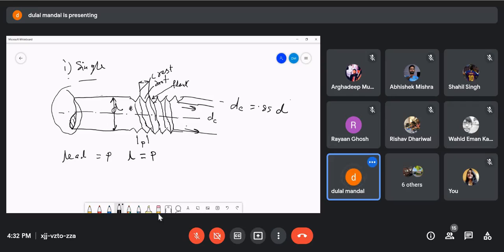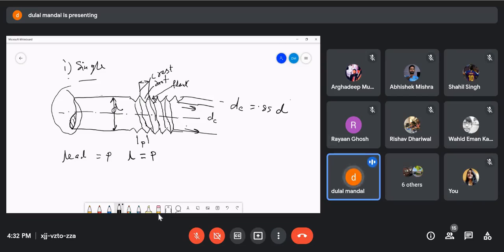It is like this. So if you want to open up faster, you can use the double thread or triple thread. Now the question is, which is better, double thread, triple thread, or single thread? If it is double thread, the spacing will be very less.